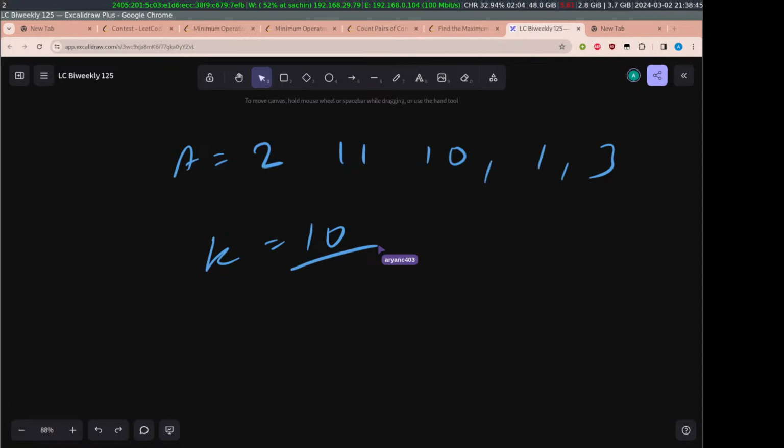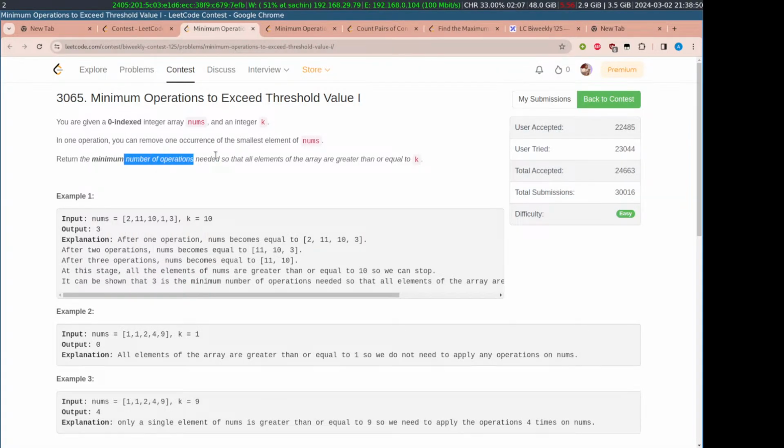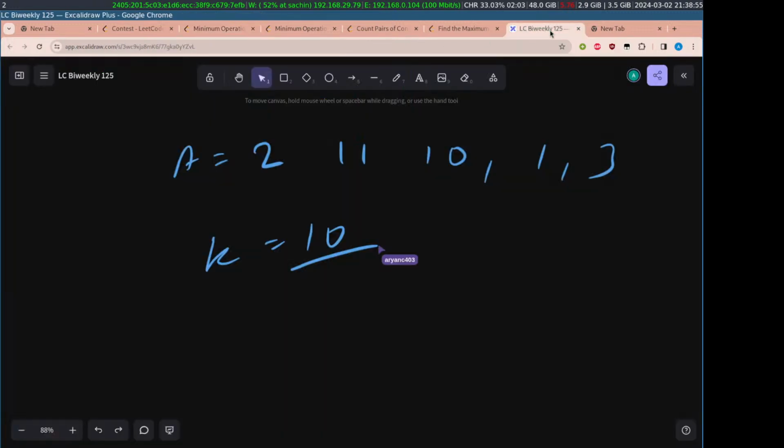And it says in each operation we can remove the smallest element from the given array. So for example, if we do the first operation, 1 will be deleted from the array, and the updated array would be 2, 11, 10 and 3. If we do one operation again, 2 would be deleted from the given array.